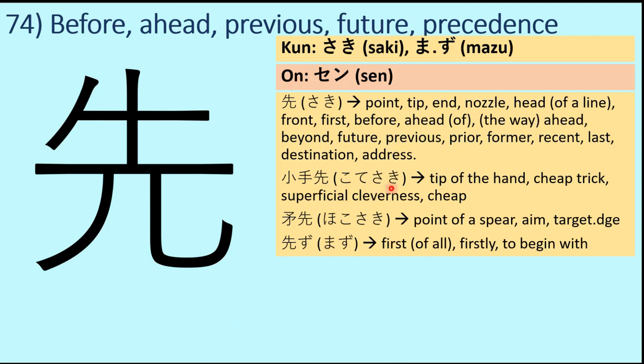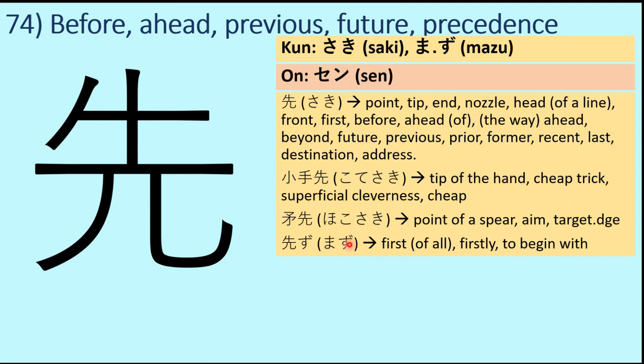Kotesaki means tip of the hand, cheap trick, superficial cleverness, or cheap. So this is again in a negative sense. Then we have hokosaki. Hokosaki means point of a spear, aim, or target or edge. Then we have mazu. Mazu means first of all, firstly, to begin with.